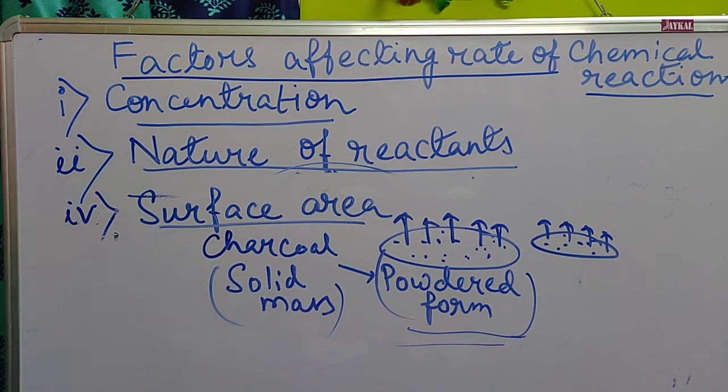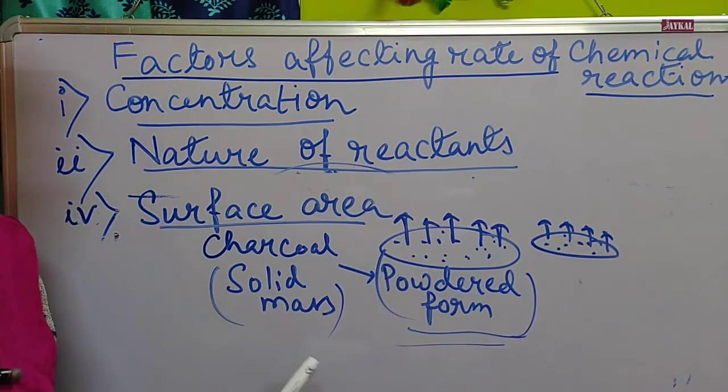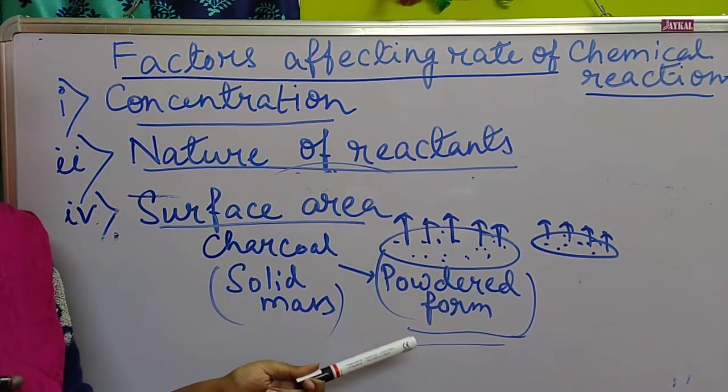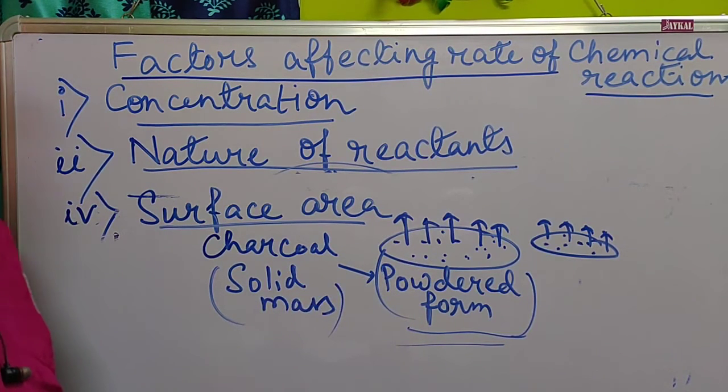Because of the increase in surface area, more molecules come in contact with another reactant molecule. So a large number of intermolecular collisions will take place in the case of larger surface area, which will increase the rate of the reaction. These are all the factors affecting the rate of reaction.